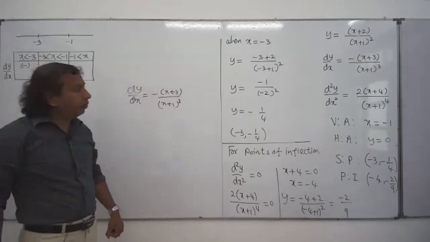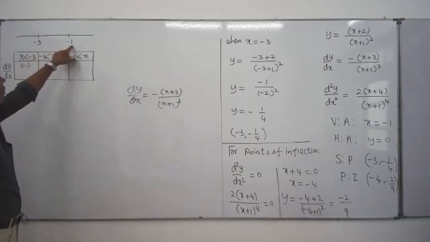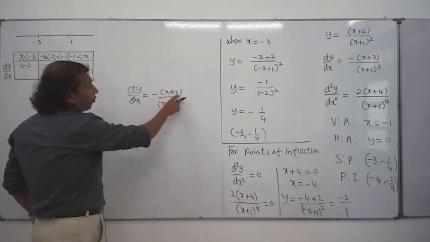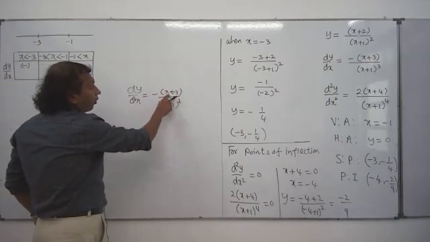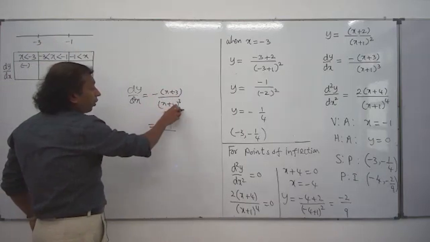Take the interval between -3 and -1 and select a value for x. Take -2. -2 plus 3 is 1, and with this minus sign, the numerator is -1. Denominator: -2 plus 1 is -1, and -1 to the power 3 is minus.